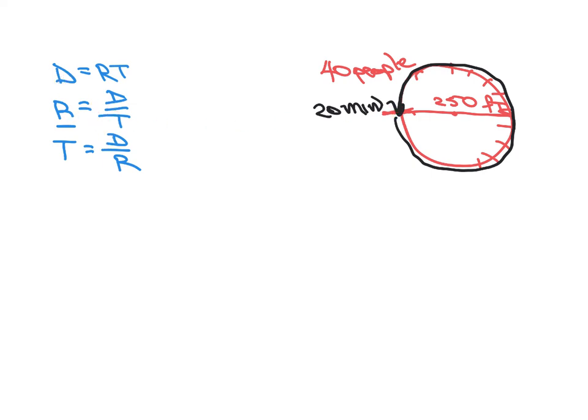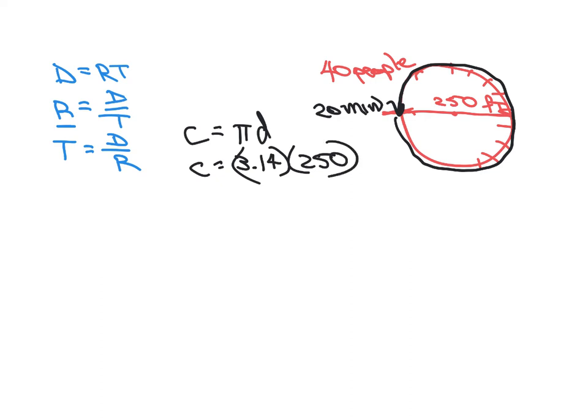If you remember from a long time ago, you should have a formula that the circumference of a circle, the distance around the circle, equals pi times diameter, or C equals 3.14 times 250 feet, because that's the diameter.